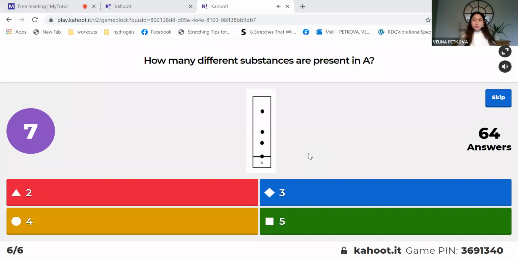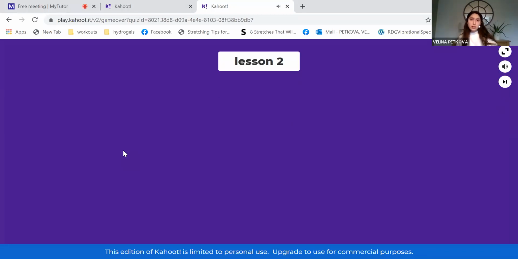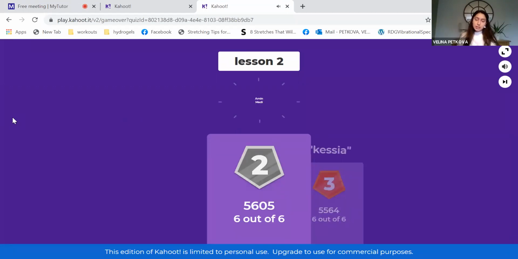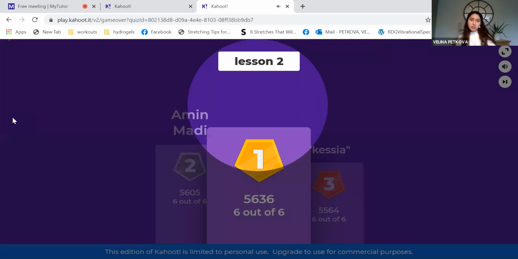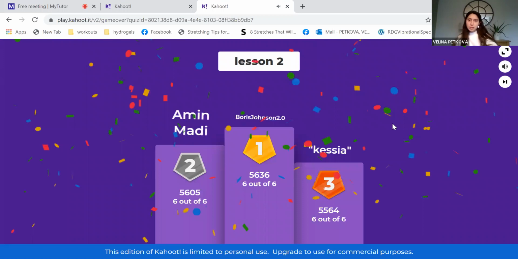Yeah, brilliant. Majority correct. Although it's quite even between 3 and 4, so we're going to understand why it's not 4. Okay, so third place, Cassia, well done. In second, Maddie, and in first, well done to Boris Johnson 2.0. Great effort, guys. Yeah, runners up. Okay, well done.